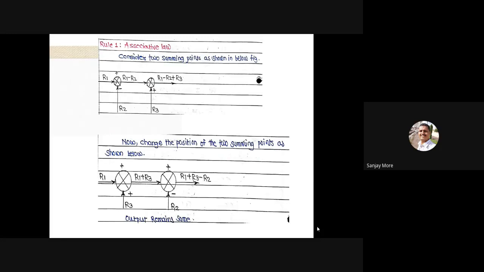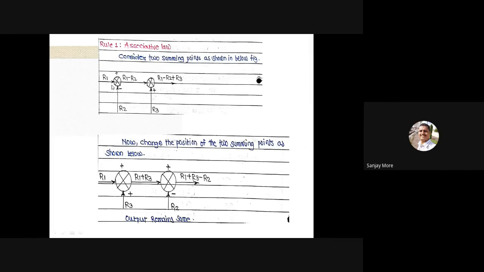Then write down the first rule, associative law. Consider two summing points as shown in the figure and draw this diagram.